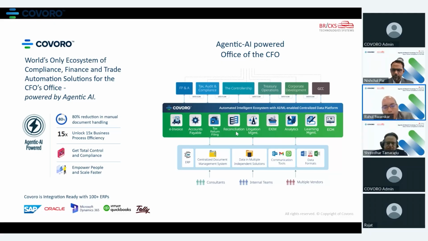It can also be used for business level reconciliations, for example bank statement reconciliations or cash reconciliations, order versus refund versus cancellation reconciliations, various business level reconciliations, again boosting working capital and processes and so on.